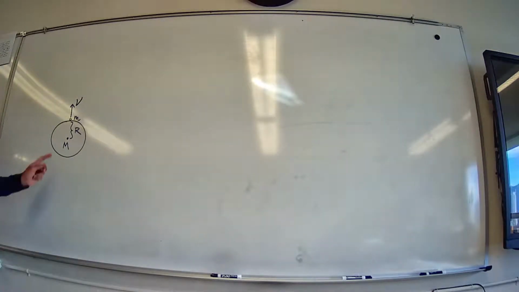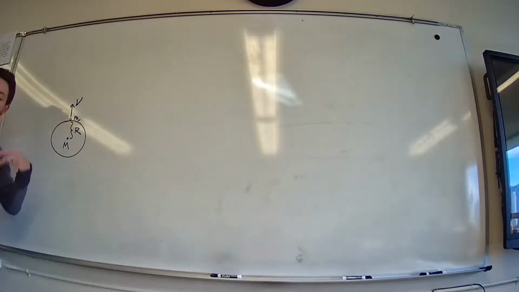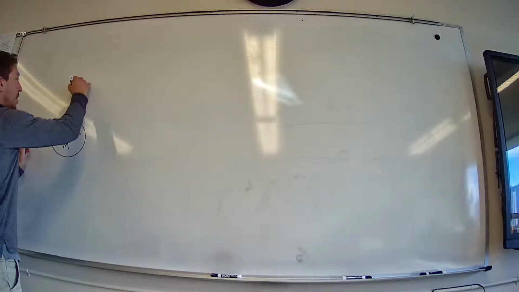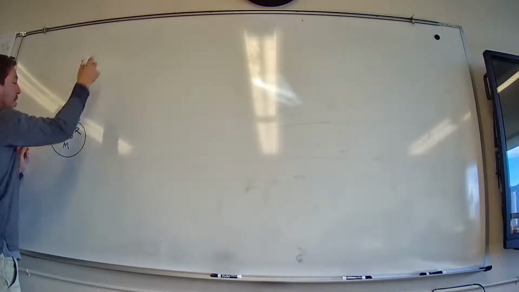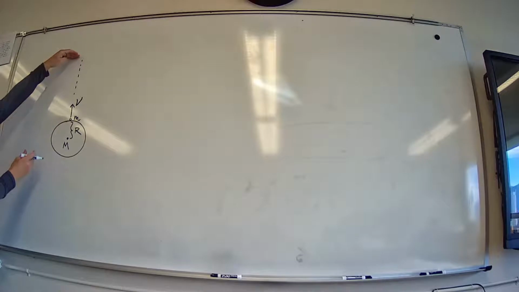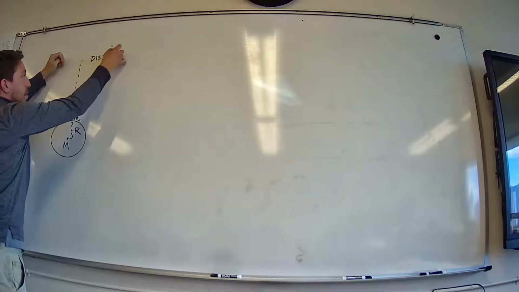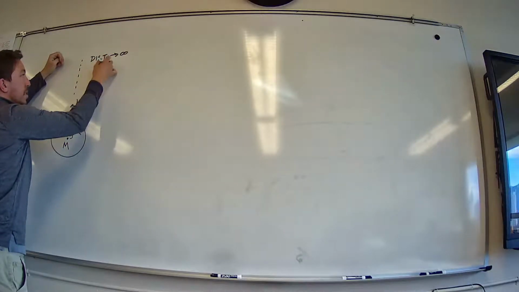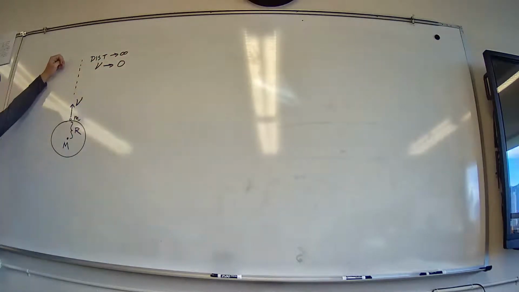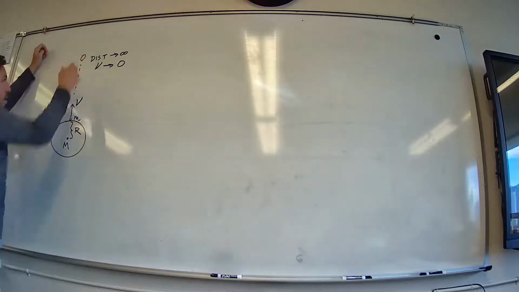Okay, let's shoot this thing out. And there's a hint in there that says, if you did the minimum velocity that escapes the planet, what would happen is as your distance from the planet approaches infinity, your velocity would be approaching 0. Does that make sense? Yeah, okay.